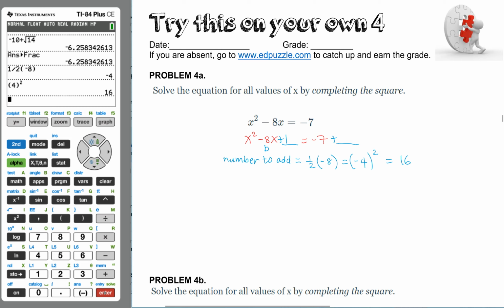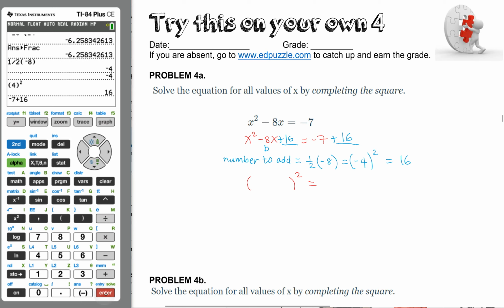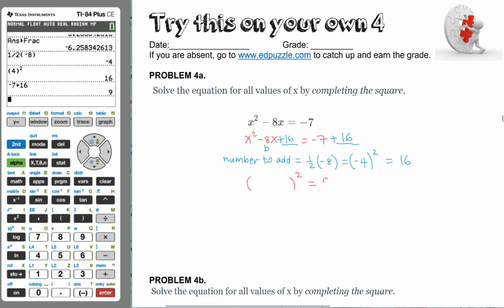This one would be 16 and this one would be 16 as well. So here we can now rewrite this one in completed square form. The completed square form is always square equals. Simplify the right side: negative 7 plus 16 gives you 9.